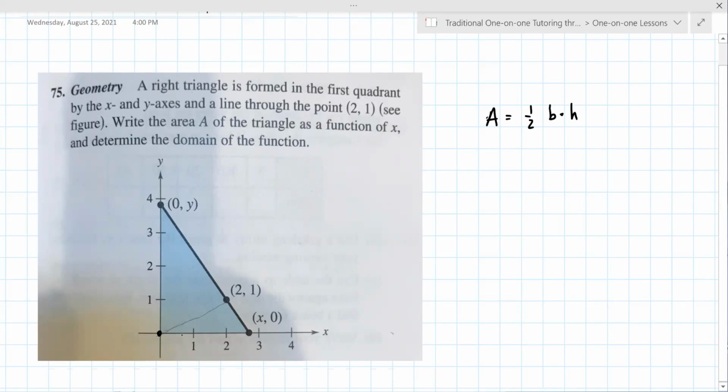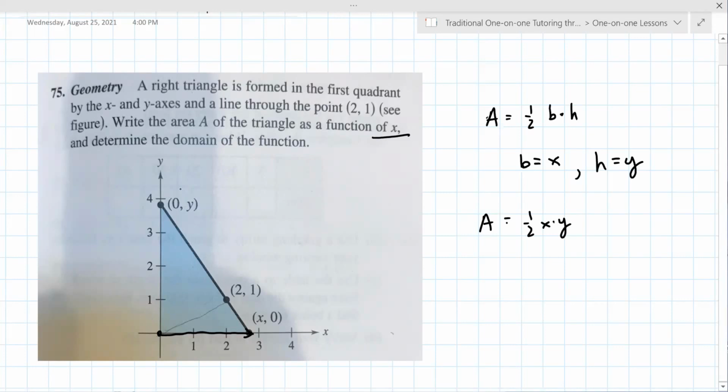So the base is really x, and the height of the triangle is y. That doesn't help us much because we really want it as just a function of x. So we need to come up with the equation of this line here.